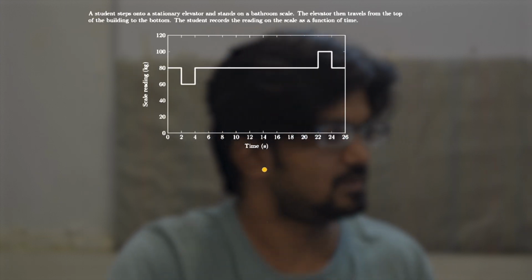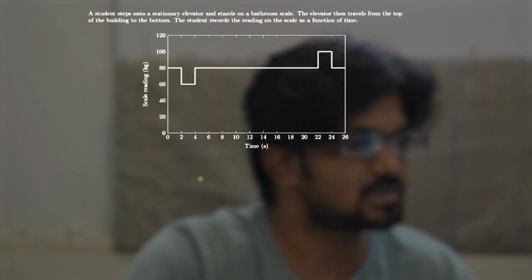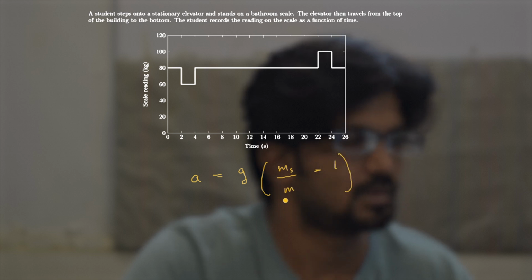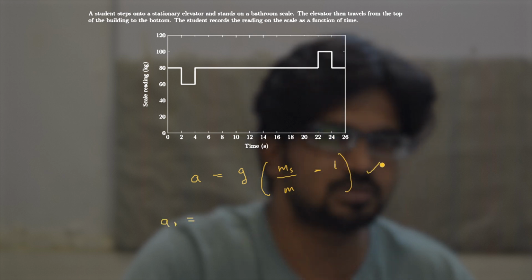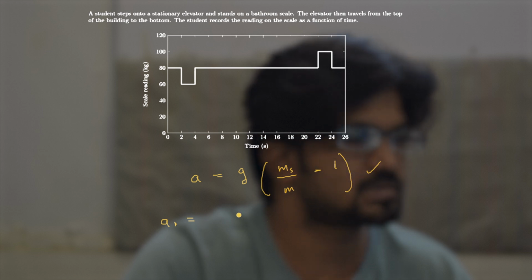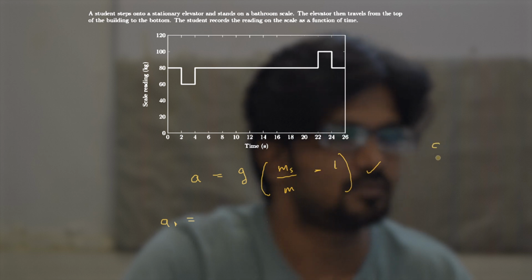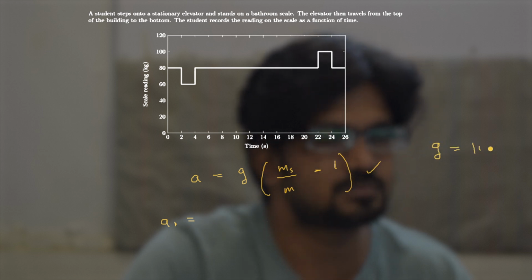How did we deduce them? We found that acceleration is equal to g times the mass on the scale divided by the mass of the body, minus 1. In the previous video, we found that we can reduce the acceleration with this equation, and we can take g for now as 10 meters per second squared.